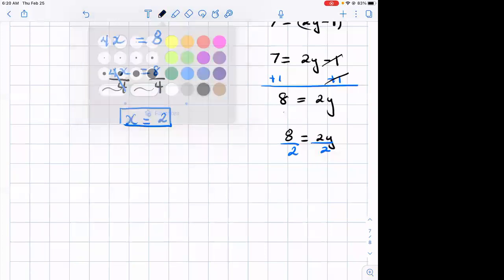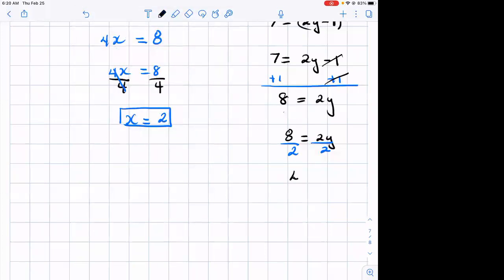And that will give me 8 divided by 2 is 4. And the 2 divided by 2 becomes 1y. And I'm able to find y. So we're able to solve for x and y using this idea.